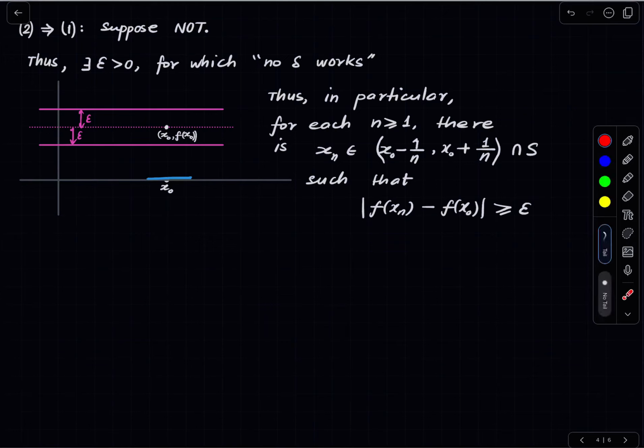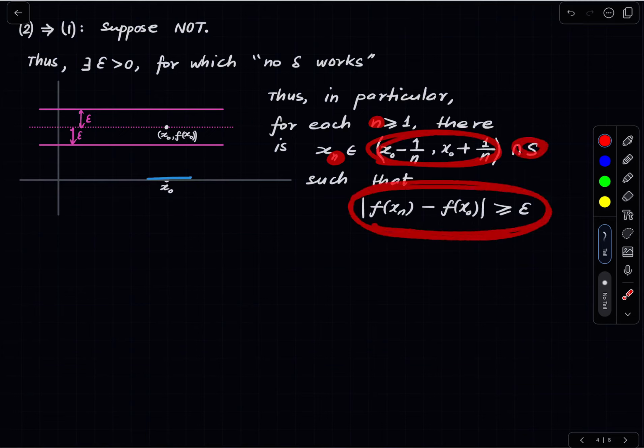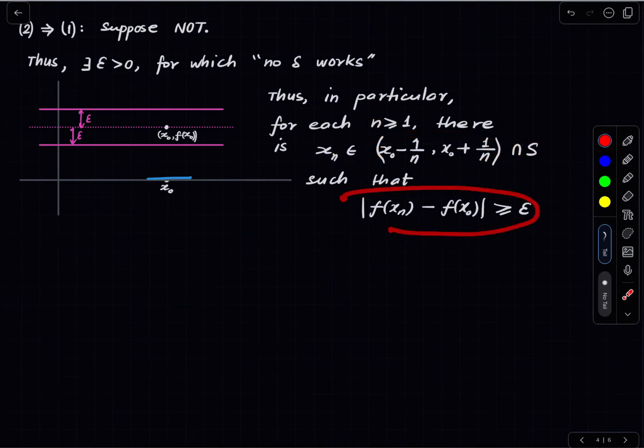So I just wrote what I said. No delta works, so delta equals 1/n also doesn't work. So there is some offending point in this region. Call that offending point xn. So for each n, we will pick an offending point xn in this region and of course in the domain. This is the meaning of offense. This is what offends the epsilon-delta criterion.